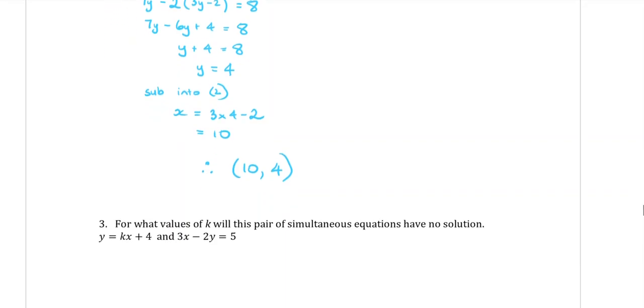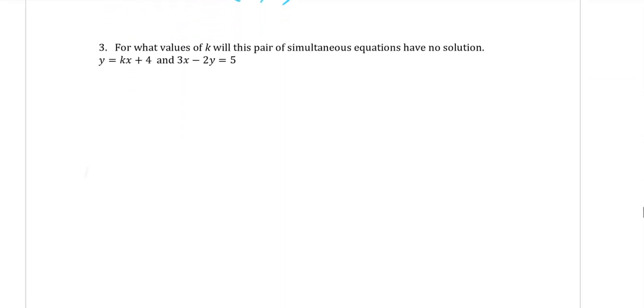Question 3. For what values of k will this pair of simultaneous equations have no solution? Okay, so in order for an equation not to have a solution, that means that they are never going to intersect.